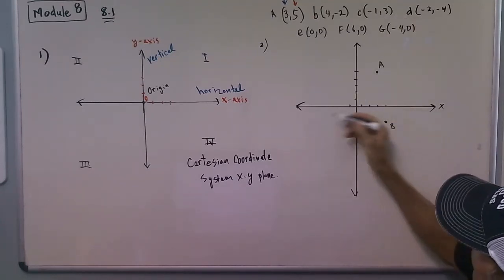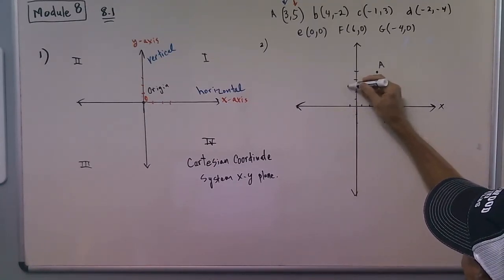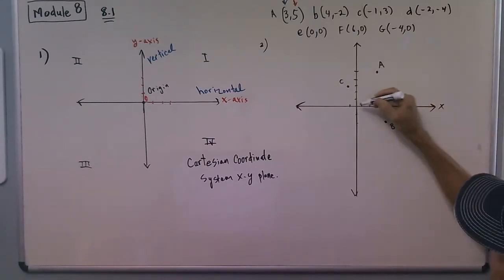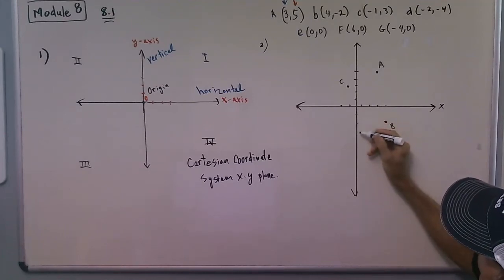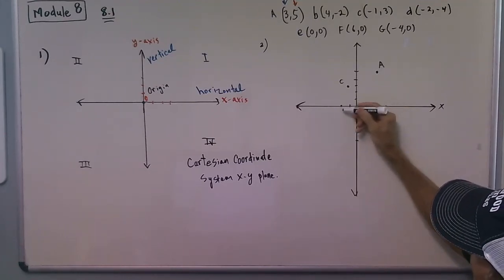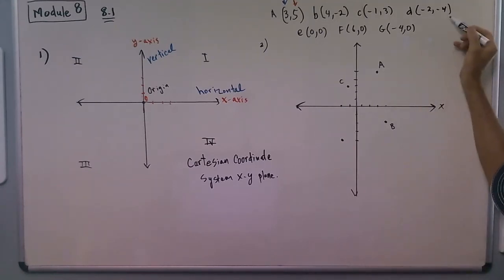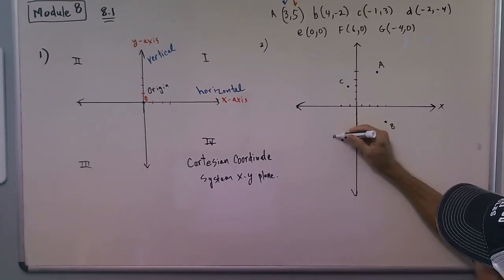That's -1, and then we would go up 3, 1, 2, 3. That's where C would be, and then D would be -2. So we go back 2 on the x-axis, and then down 4. The negative number for y helps us remember to go down, and I'll label that B.